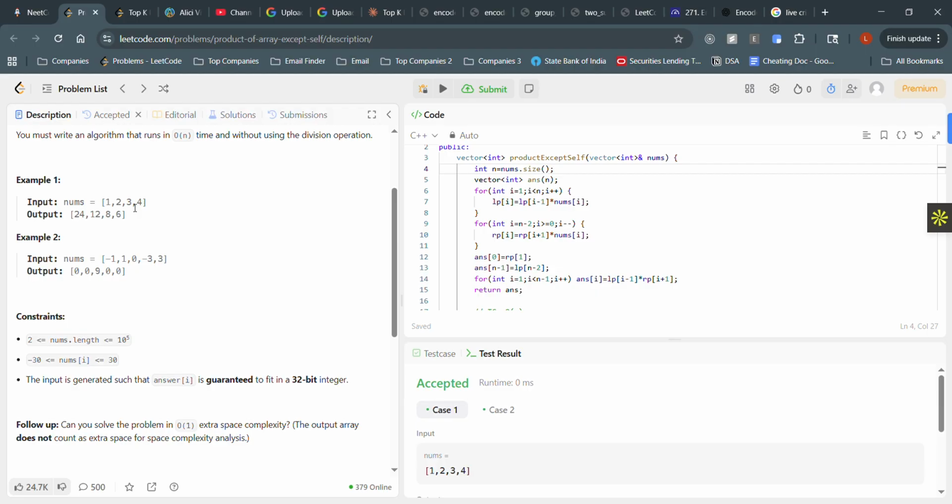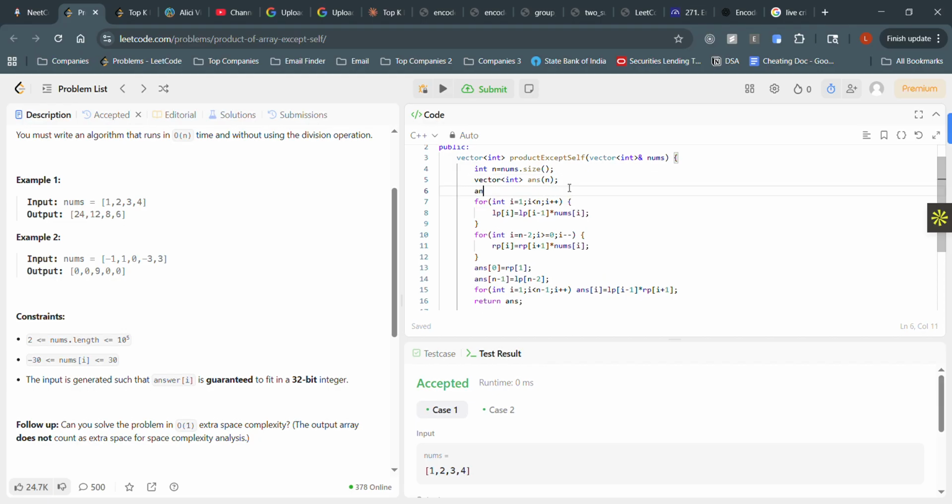And how do we keep track of the right product? We can just keep track of a variable, and then from that variable we will multiply whatever the value is at our current answer. We will multiply it with that variable. It will make more sense when I'm doing the try run, when I'm writing the code. Let's say initially answer of 0 should be 1 in this case, and I'll explain why that is the case.